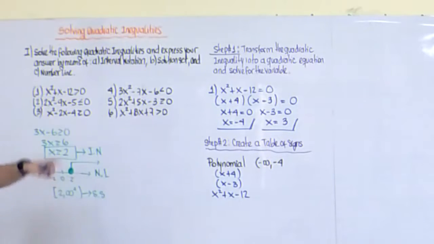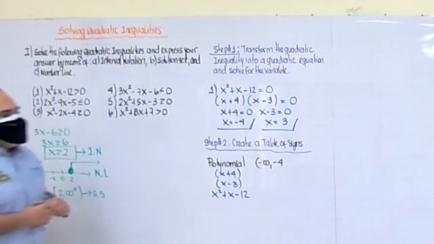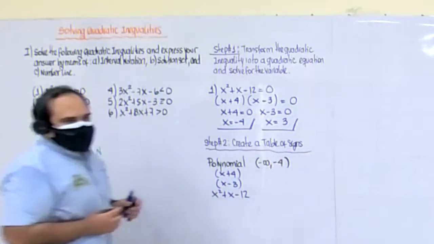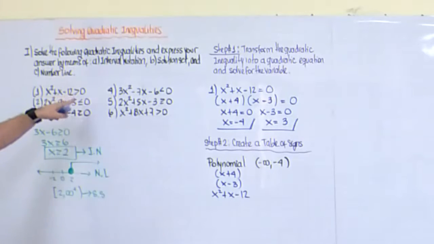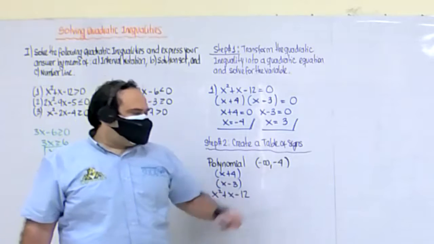And if you see the quadratic inequality, at the beginning we have only greater than 0. I'm not using the equal sign. For that reason, because I'm not using the equal sign, I'm going to use only the parentheses. Always, if we have, for example, greater than or equal to 0, instead of parentheses we'll be using brackets.